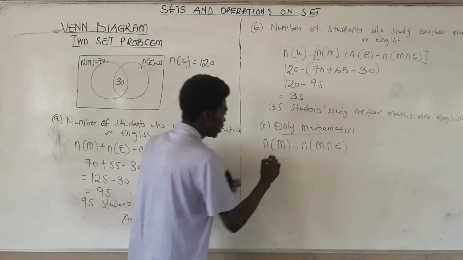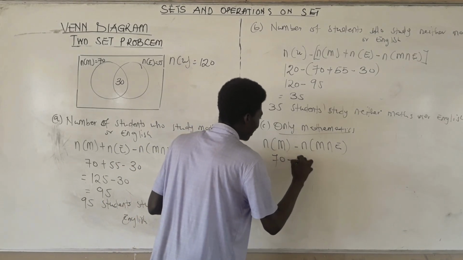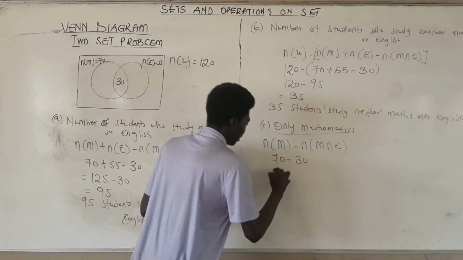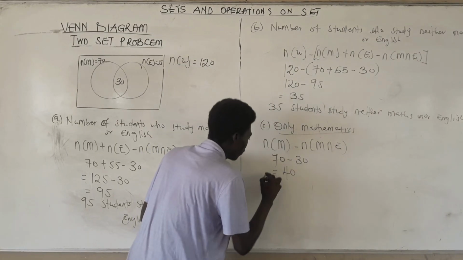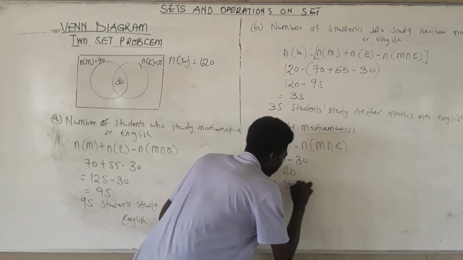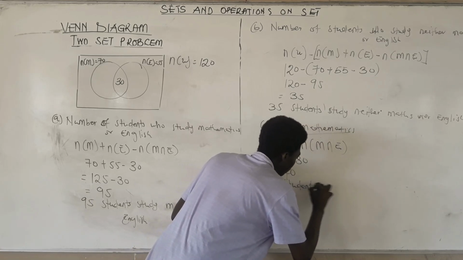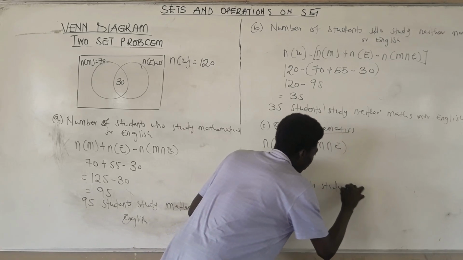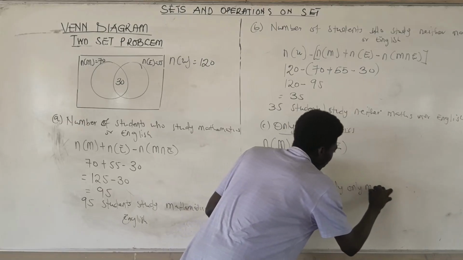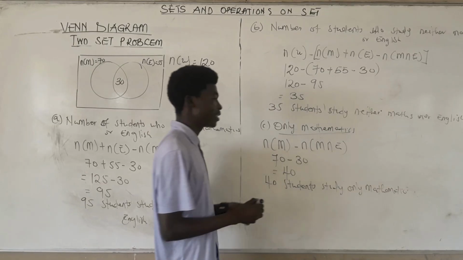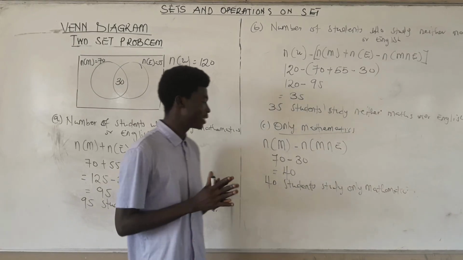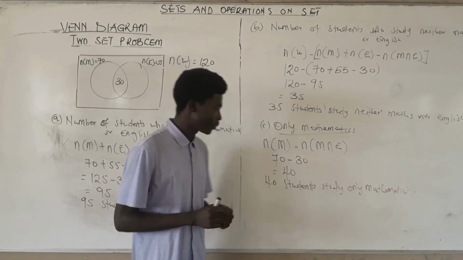So that is going to give us 70 minus 30. And the final answer is going to be 40. So 40 students study only mathematics. So only 40 students study mathematics out of the 70 students. Only 40 study mathematics, right?